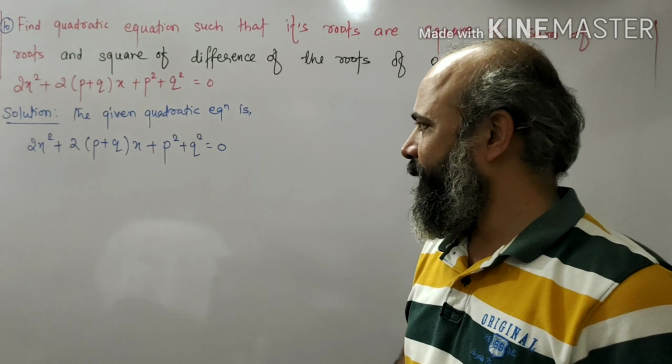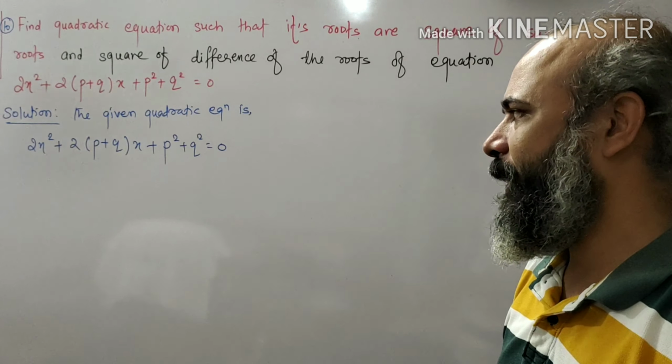This quadratic equation has two roots, called alpha and beta.